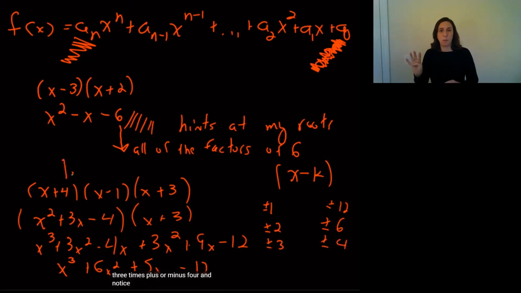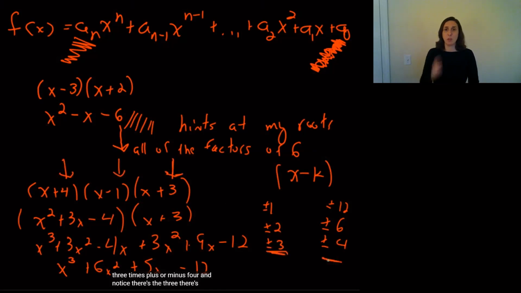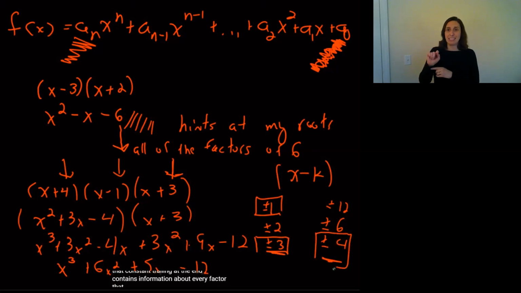And notice, there's the 3, there's the 4, and there's the 1. That constant trailing at the end contains information about every factor that went through it.